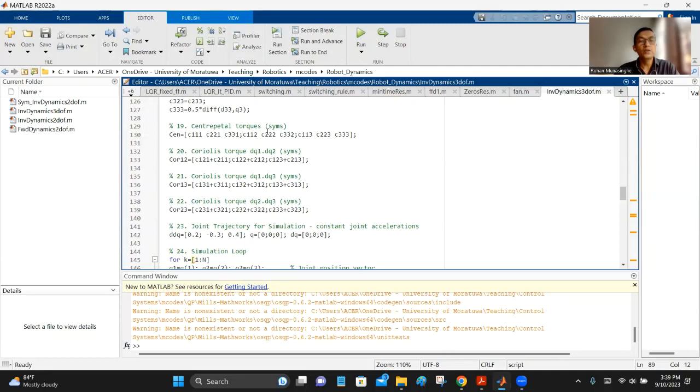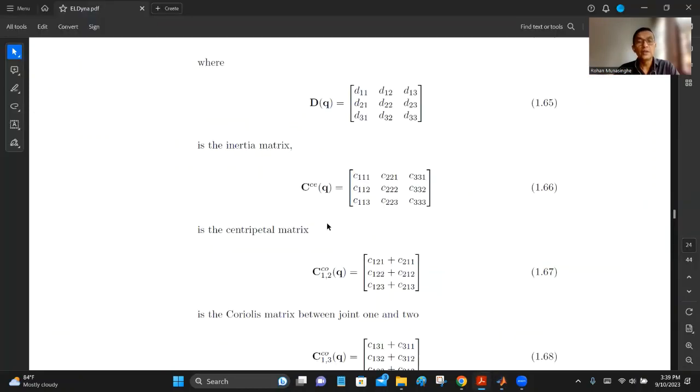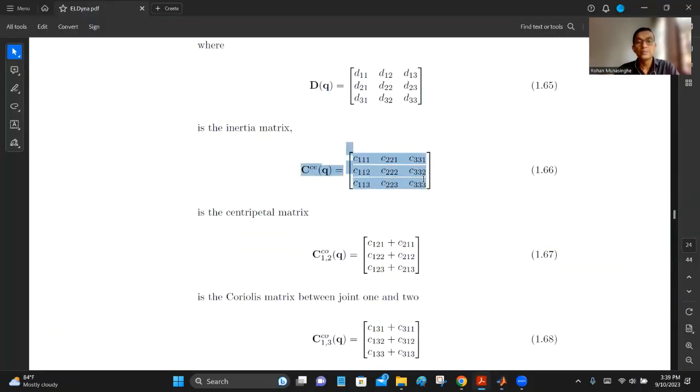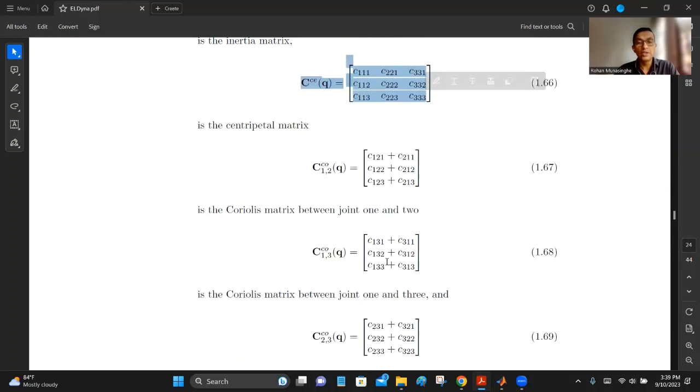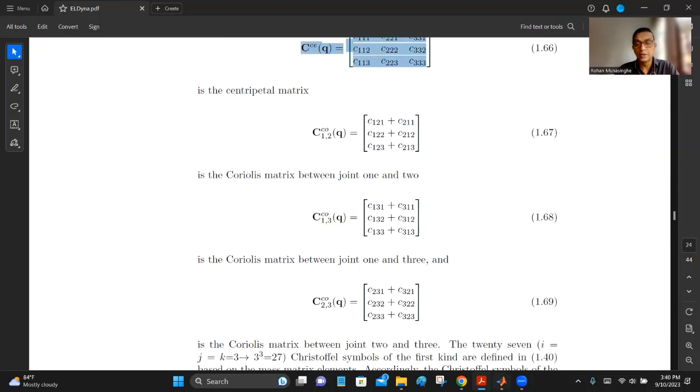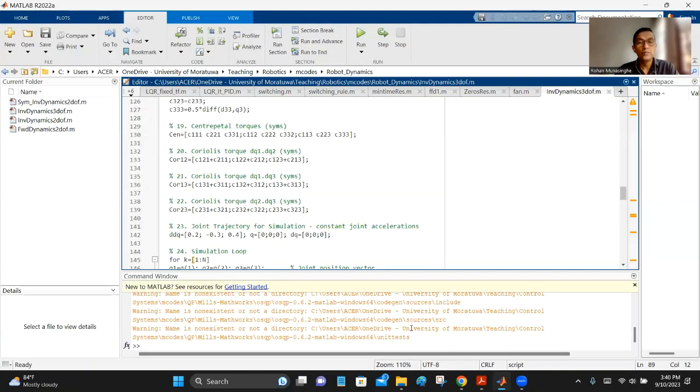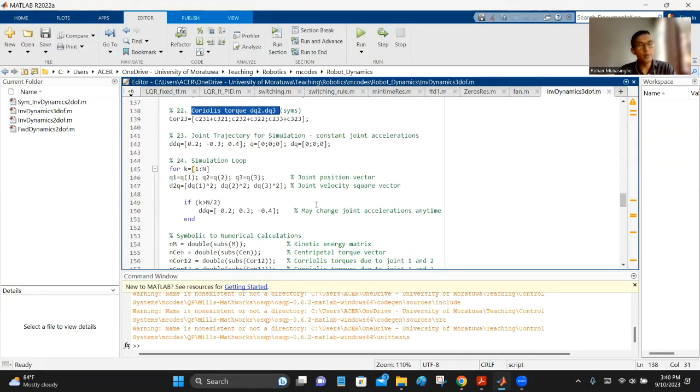Then centripetal torque is this one, CEN matrix. And after that, you have three Coriolis terms, and you can see the Coriolis torque 1, 2. This one is 1, 3. This one is 2, 3. So you have done those three matrices also now.